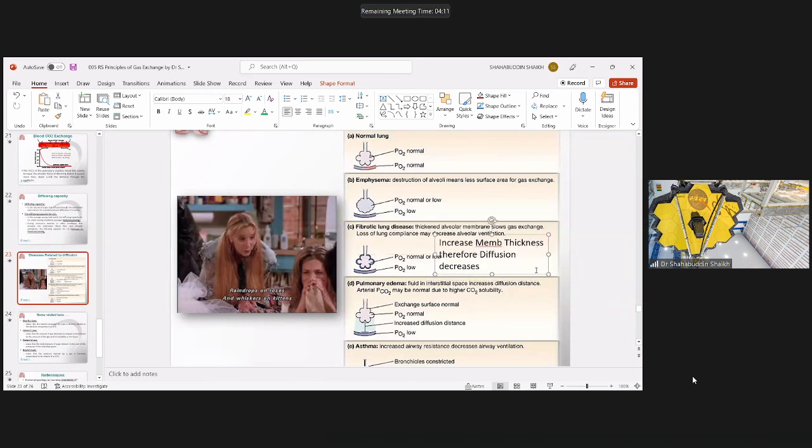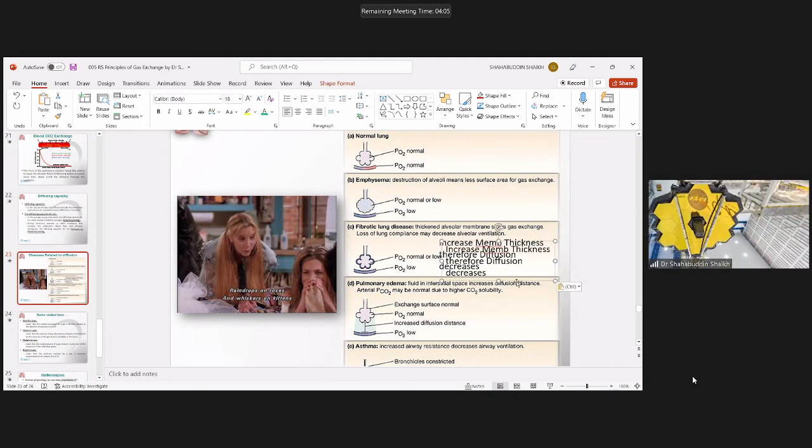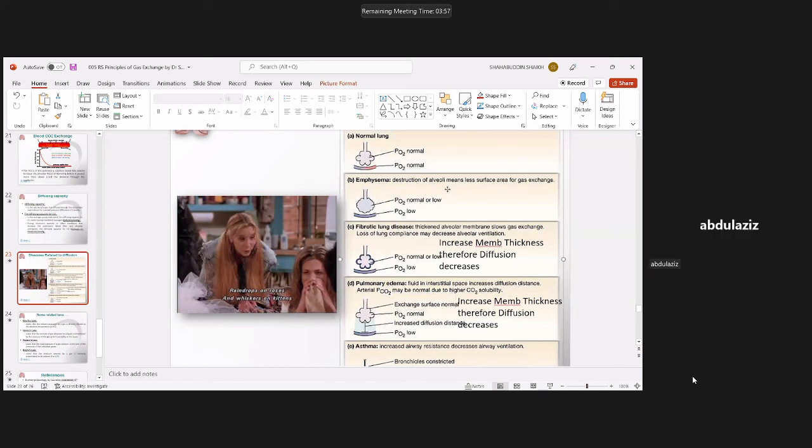Right? Same applies to pulmonary edema also. Here also. Okay. Clear? Yes, clear.